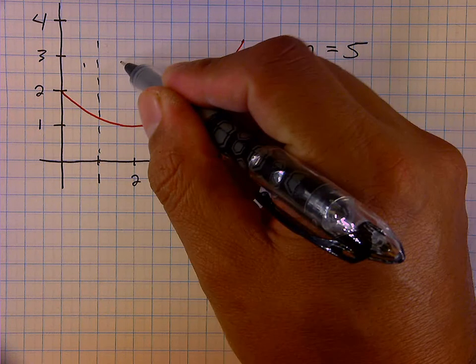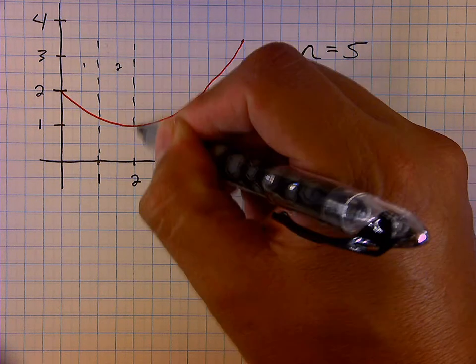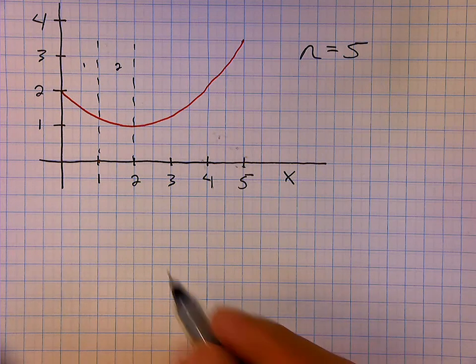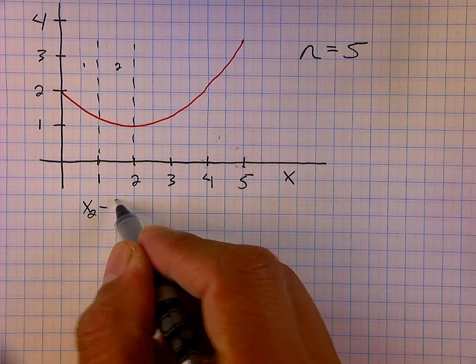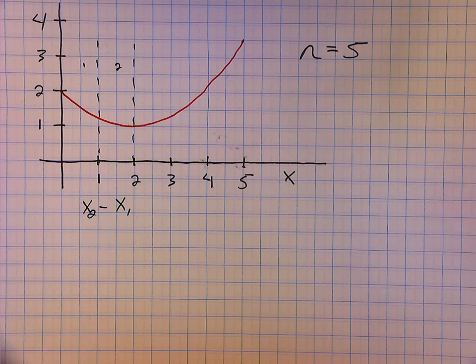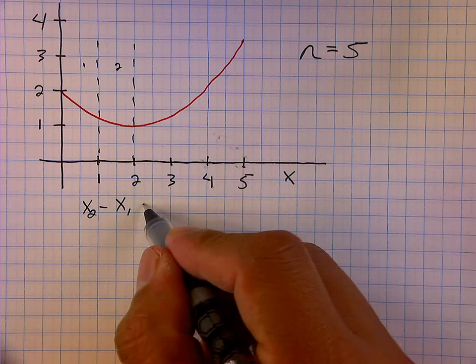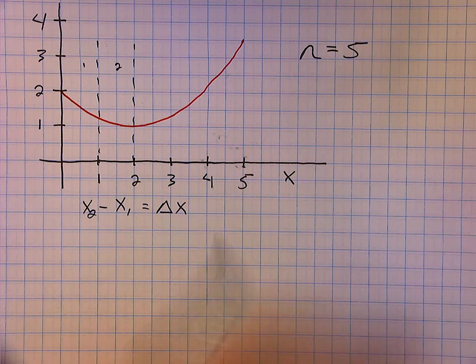No matter which one I look at, I can calculate the width of that rectangle by taking the second x value minus the first x value. I've got a symbol for x2 minus x1 we learned in algebra. We refer to that as delta x, which is how wide each rectangle is going to be.